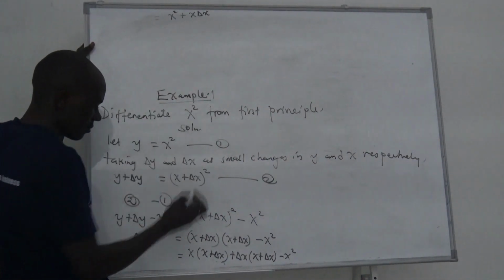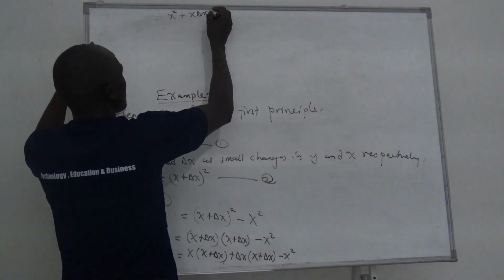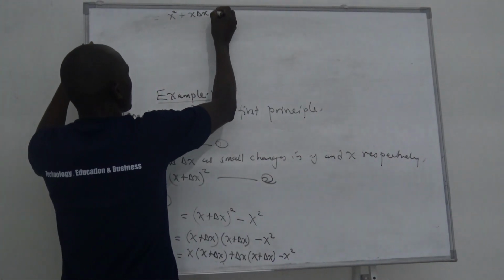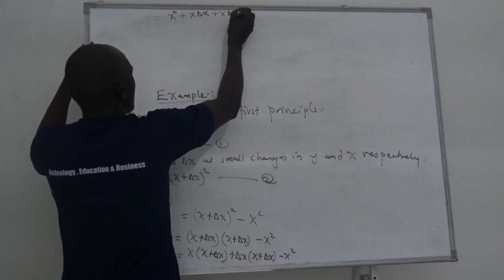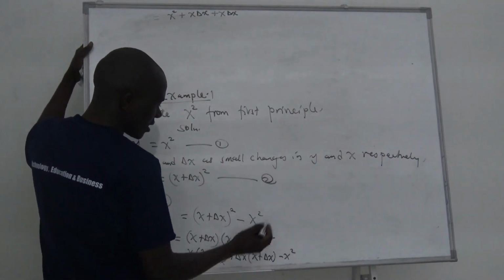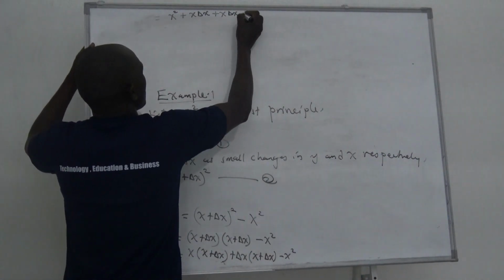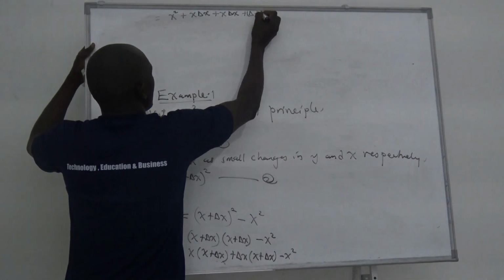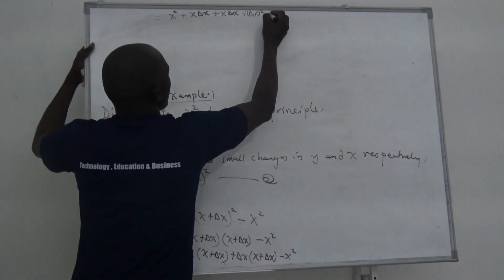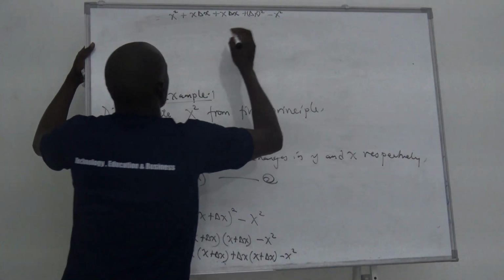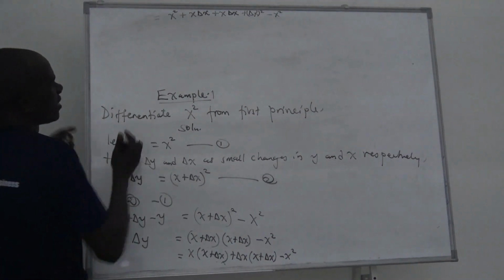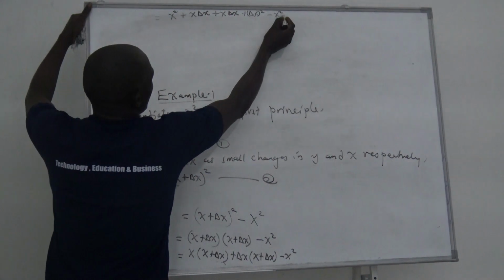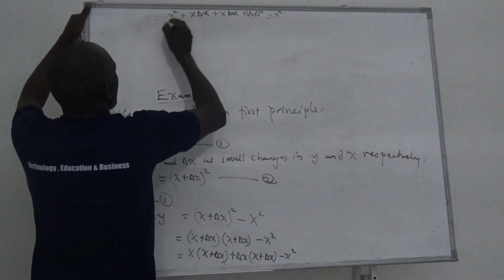Delta x times x, we also get plus x delta x. Delta x times delta x, we get delta x squared, minus x squared. So x squared and x squared disappear.